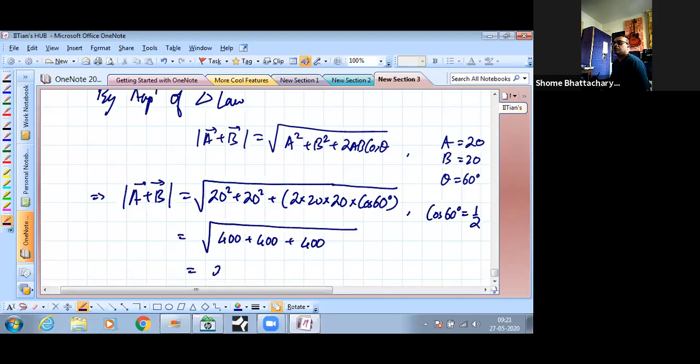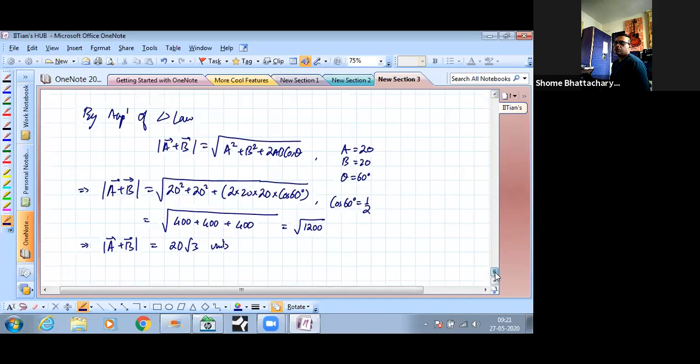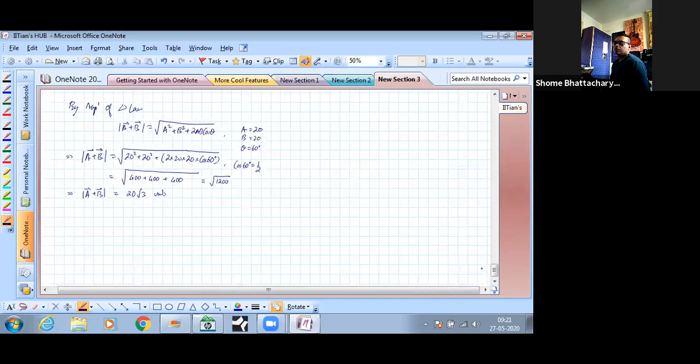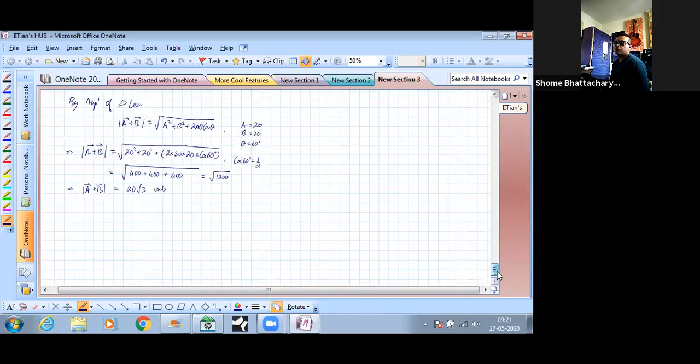So you will see that you get this as 20 root 3. So this becomes the magnitude of the resultant. So this is how you are supposed to directly apply the formula of triangle law of vector addition, given any situation like this. So I'll just leave this for a moment for you to copy. Then we'll do one question where you will work it out yourself.